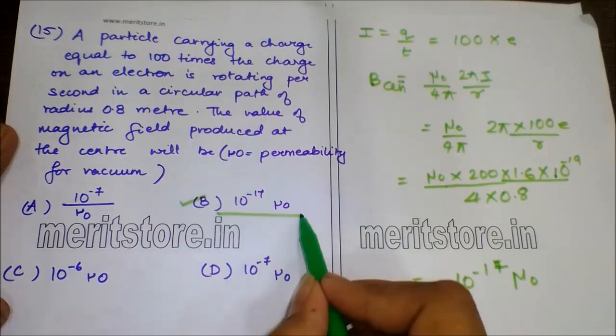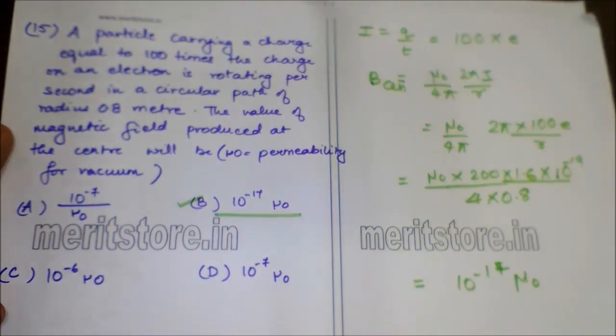So option B, 10 raised to minus 17 mu0 is the correct answer.